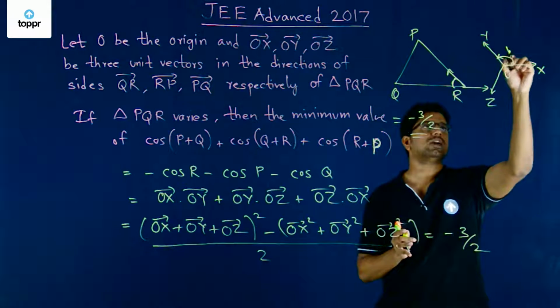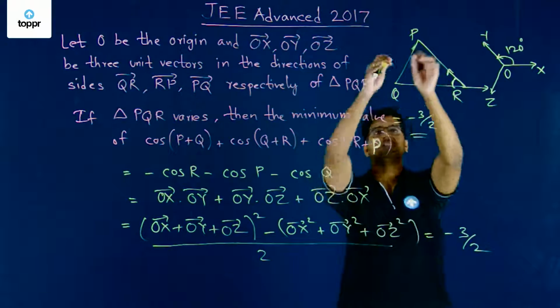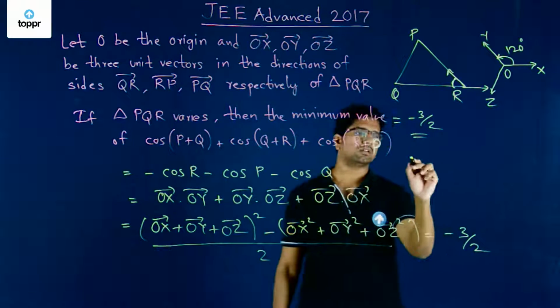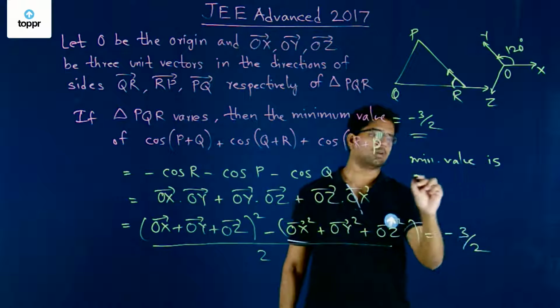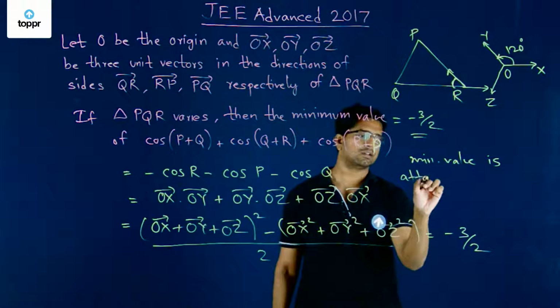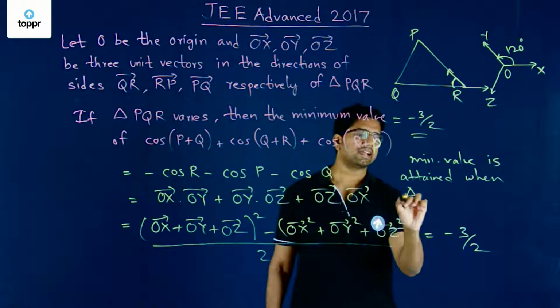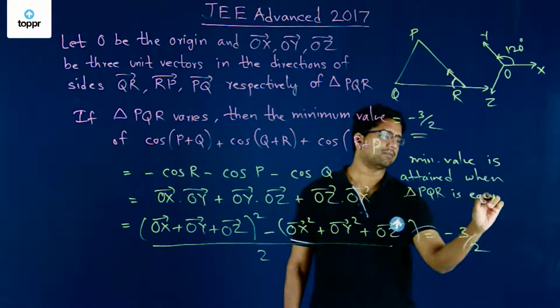And when does the 120 degrees happen? When this triangle PQR happens to be an equilateral triangle. So we can also say that the minimum value is attained when triangle PQR is equilateral.